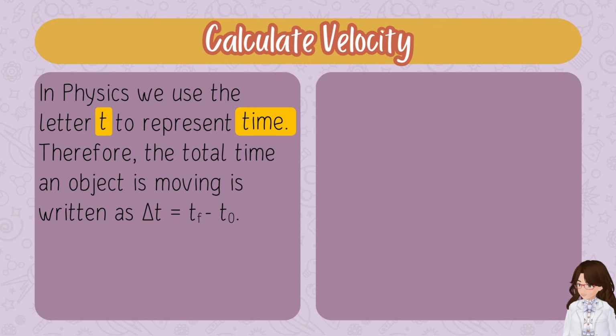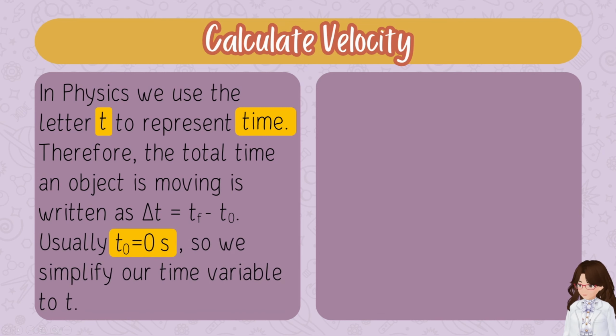Okay, when we go to calculate this, in physics, we use the letter t to represent time. So we have a new variable today. The total time an object is moving can be written as delta t, which is equal to tf, or the final time, minus t naught, your initial time. Now, usually t naught is equal to 0 seconds, so we can simplify our time variable to t.